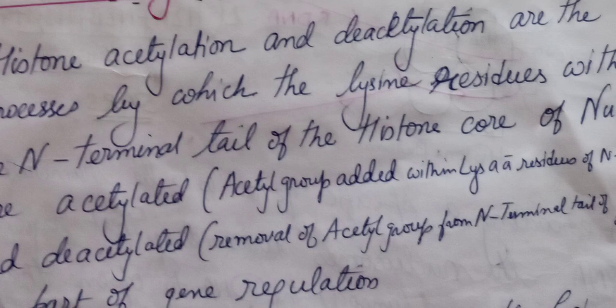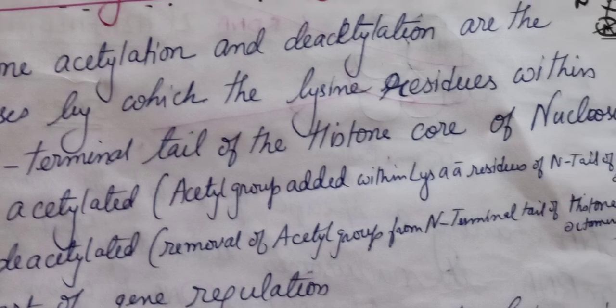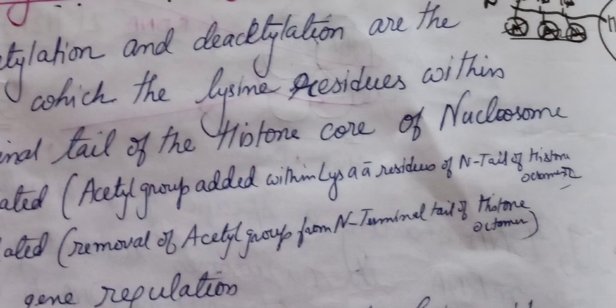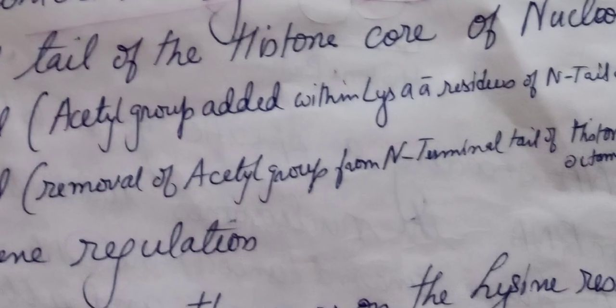Acetylation means an acetyl group is added to the lysine amino acid, written in short form as LYS. Acetyl group added to lysine amino acid residues within the N-terminal tail of the histone octamer. And deacetylation is the opposite of acetylation: removal of the acetyl group from the N-terminal tail of the histone octamer.